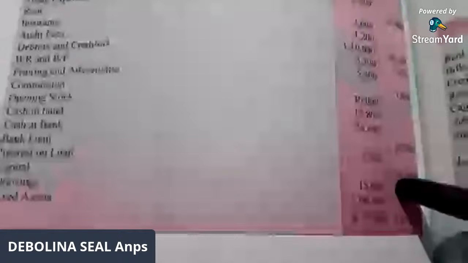Okay, but now we are going to calculate interest on capital. How much is the capital? 2,50,000. On that you are going to charge 8% interest. So 8% of 2,50,000 comes to 20,000.